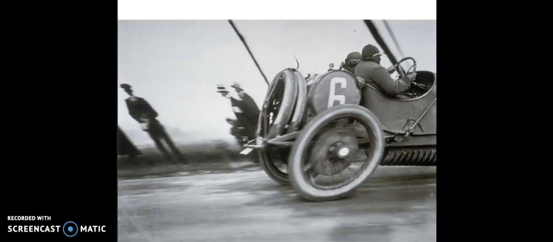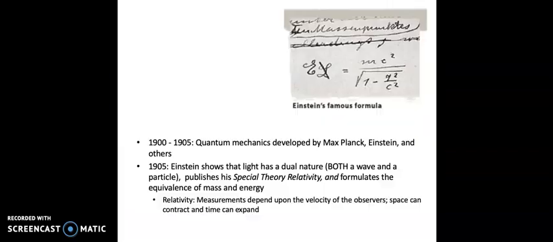The great historian Eric Hobsbawm defines the 20th century as the age of extremes. So we can consider some of the innovations that changed how we understand the world in very extreme ways. There's Einstein's famous equation written in his handwritten notes with crossouts, E equals mc squared.